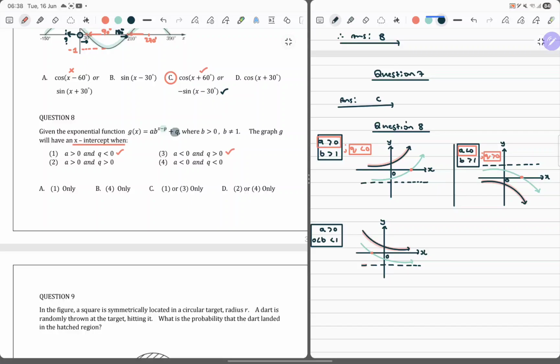Is it negative or positive? It's immaterial. Fact of the matter is we have it. But now what is the combination here? Q must be less than 0. So do you see there is some consistency with a greater than 0 and q less than 0, irrespective of what the function looks like, it still satisfies options 1 and 3. Okay, last one to consider.